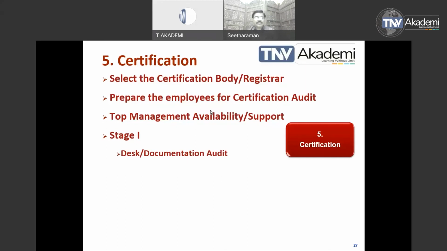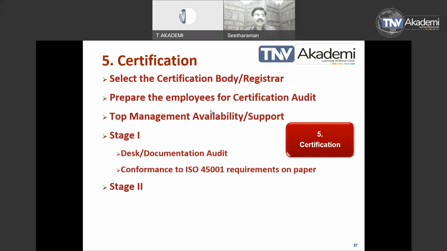So we have to ensure those elements are addressed. So the beauty is the high level structure helps us to integrate these manuals, so that under the same clause of leadership, we can cover all the three management systems together. So that is very important. Then they look at the conformance to ISO 45001 requirements on paper, because they are not seeing the facility yet. They only verify what is on paper.